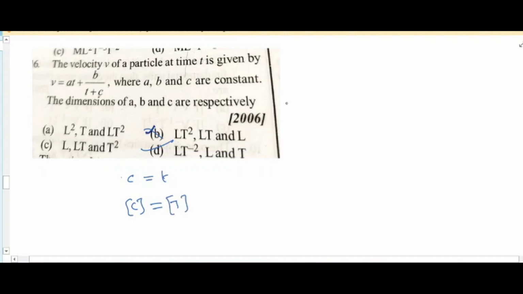And according to the principle of homogeneity, the total left side is velocity. Therefore, this term is also velocity, and this one also velocity. Therefore, at is equal to velocity, a is equal to v by t. This becomes L T to the power of minus 1 by T. Therefore, the dimensional formula of A is L T to the power of minus 2.